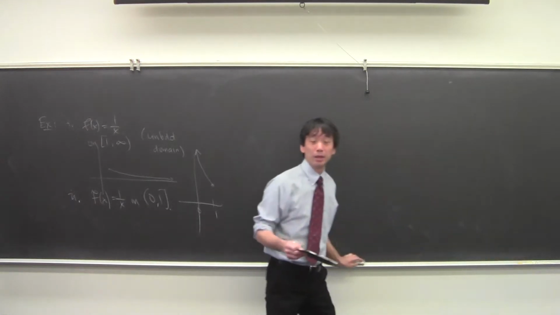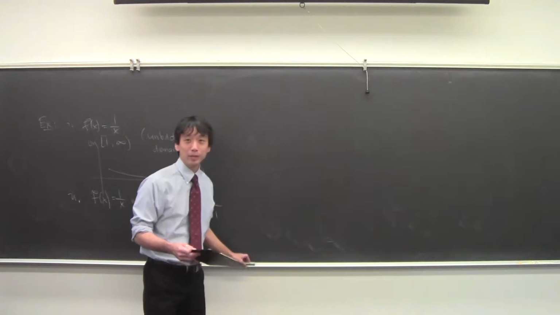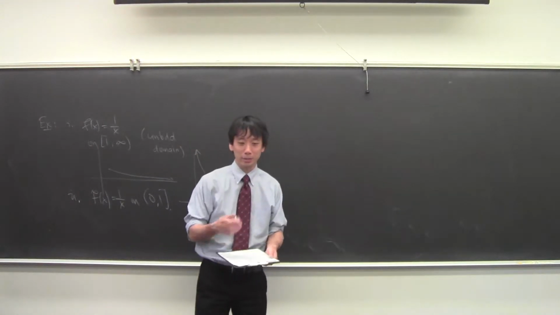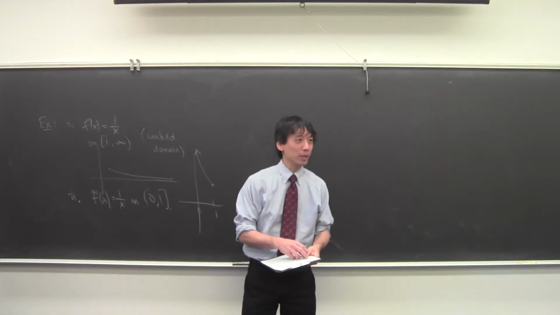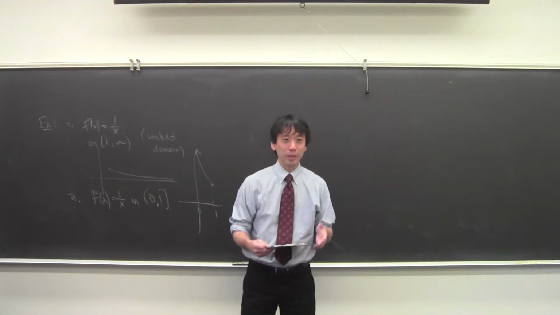And the way we're going to do it is the obvious calculus way. The big idea of calculus is to take things that you know and then combine them with the limit.